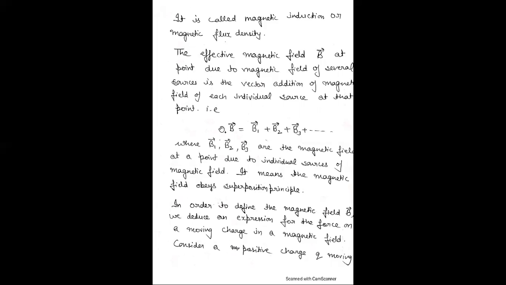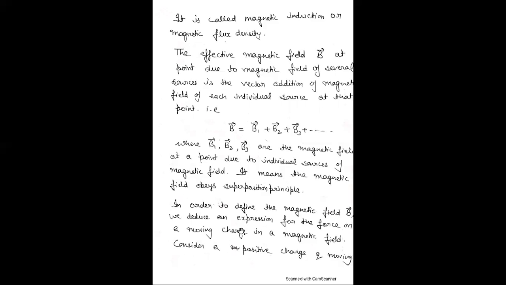Here, this is the resultant magnetic field that is equal to B1, magnetic field at a point due to one source, and B2 at a point due to other source, and B3 is from the third source. And therefore, it means the magnetic field obeys superposition principle.